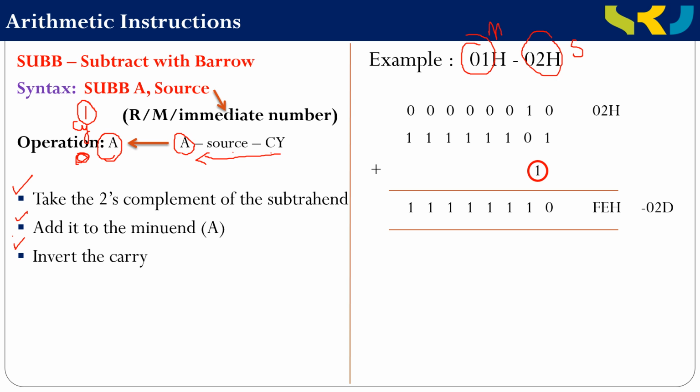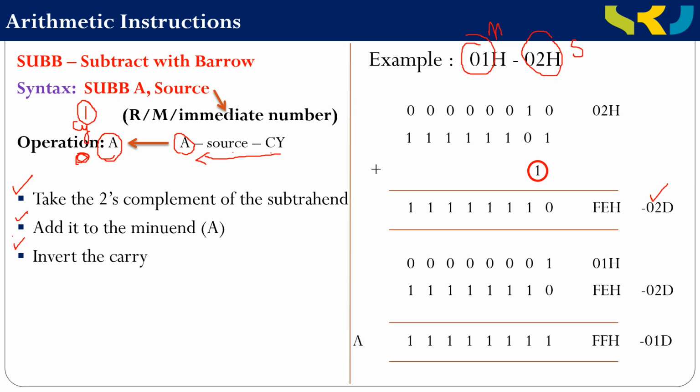After getting minus 2, as per our algorithm, we need to add this 2's complement number to the minuend. What is our minuend? 1. So convert this 1 into binary, the binary equivalent of 01, that is the minuend now. The subtrahend value is this one. Now directly add these two.